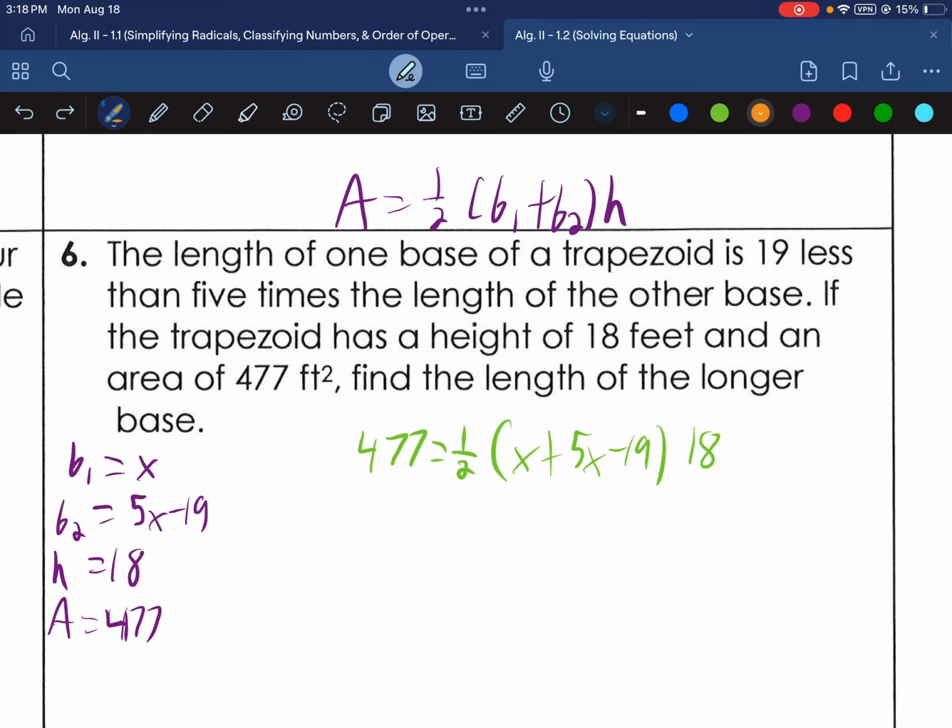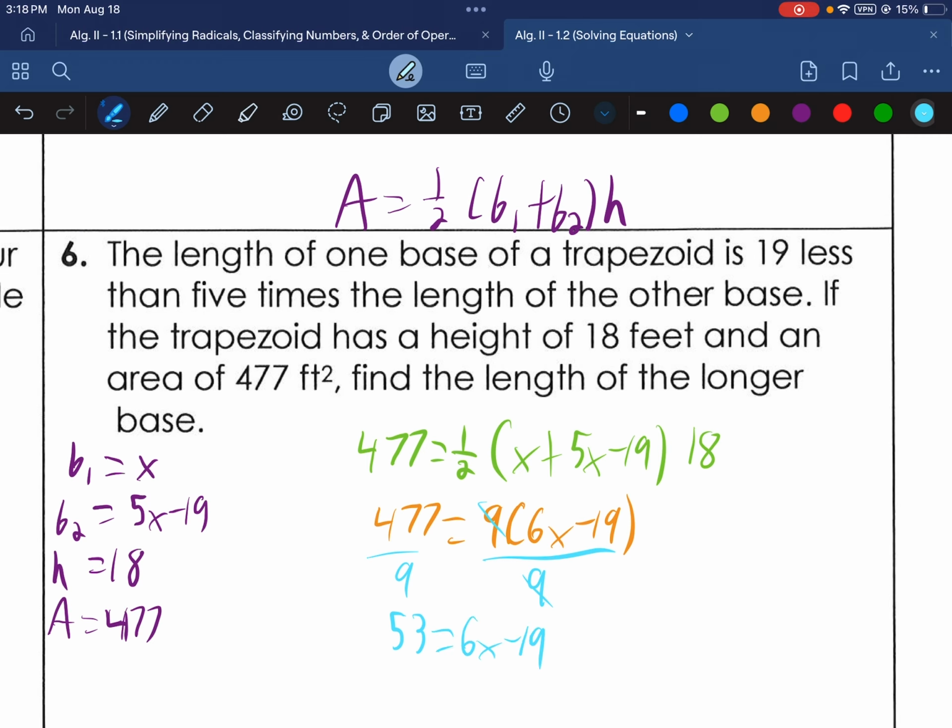So I'm going to go ahead and multiply 1/2 times 18 because I can multiply in any order. So I can multiply the first and the third things just fine and get 477 equals 9 times, and I'm going to combine like terms here, 6x minus 19. Now I'm going to go ahead and divide both sides by 9, or I could distribute the 9.